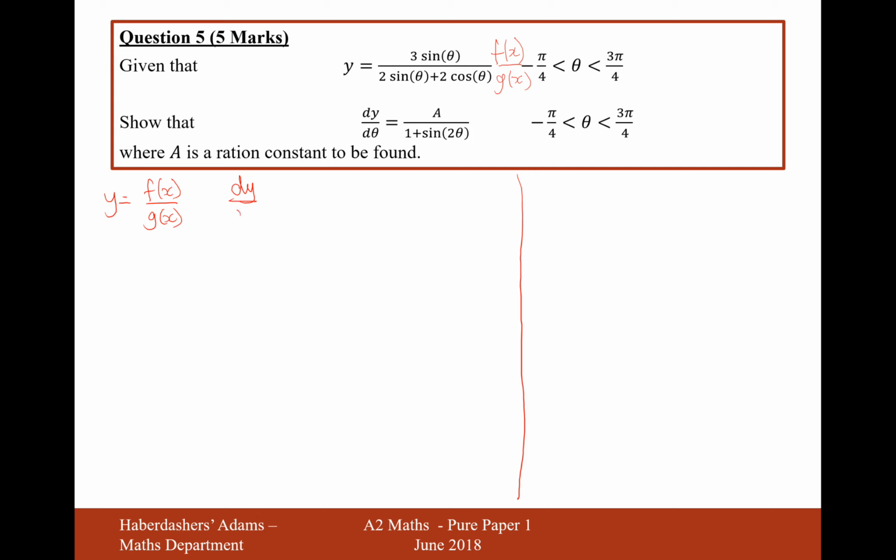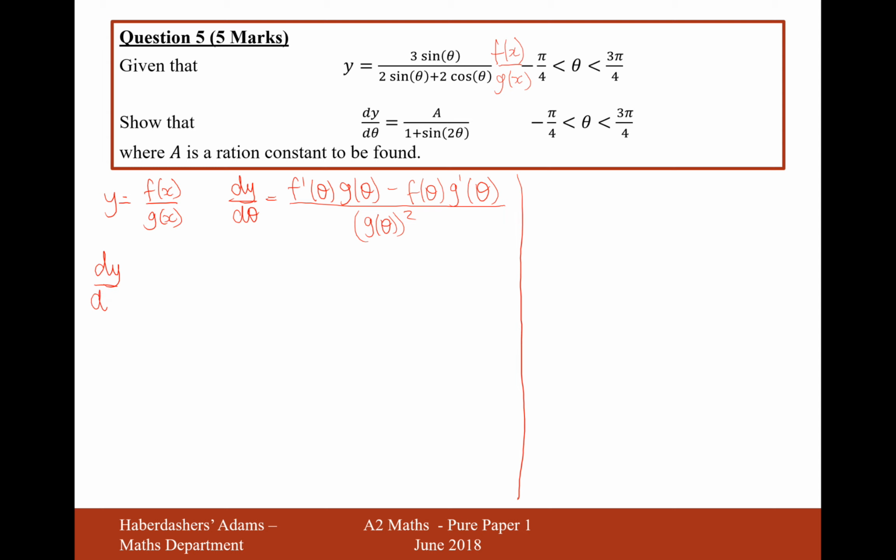So dy by d theta in this case is going to be you differentiate the top function first, then you multiply that by the bottom function, and then you subtract the top function without it being differentiated, times that by the differential of the bottom. And then that's all going to be divided by g of theta squared. Okay, so let's get started then.